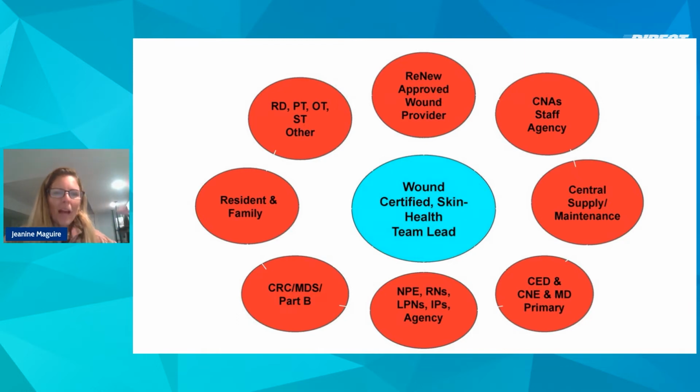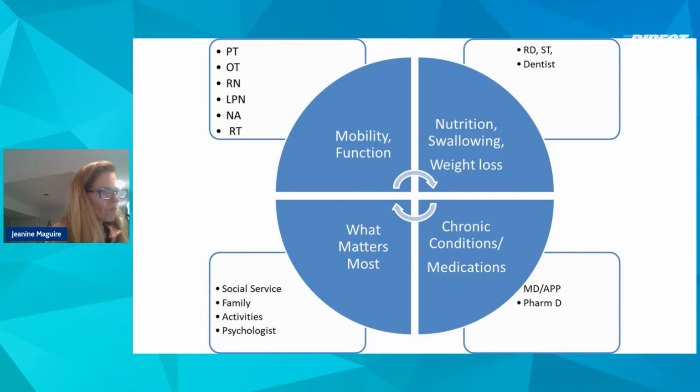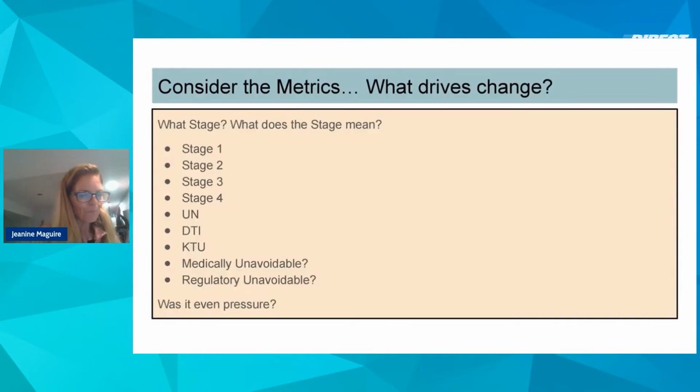So it's that individual that can pull this team together and really make sure that team members understand each other's role as well in really looking at mobility and function, making sure that we have alignment. Looking at the nutrition, the swallowing, the weight loss, the vital signs, the labs, the chronic condition, the medication, and really working with social service, family, and others on what matters most for that individual.